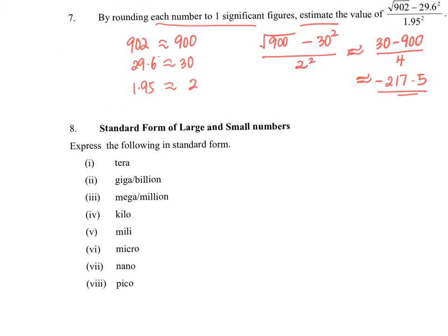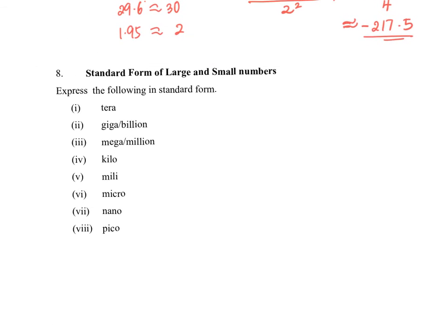Next part. Do you remember what all this is? Okay, I'll start from the center. What is kilo? 10 to the power 3, kilogram. Mega or million? Giga or billion? Then tera.